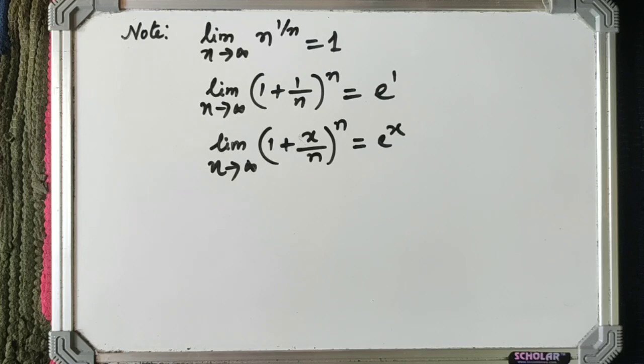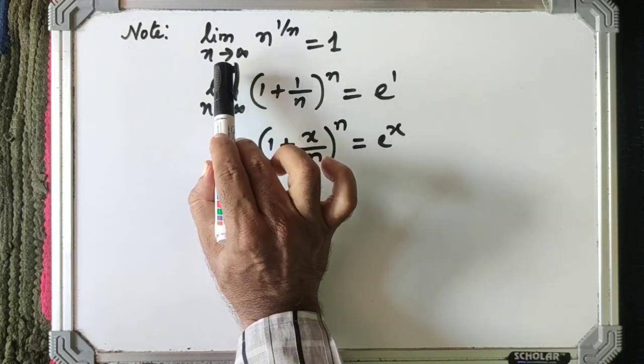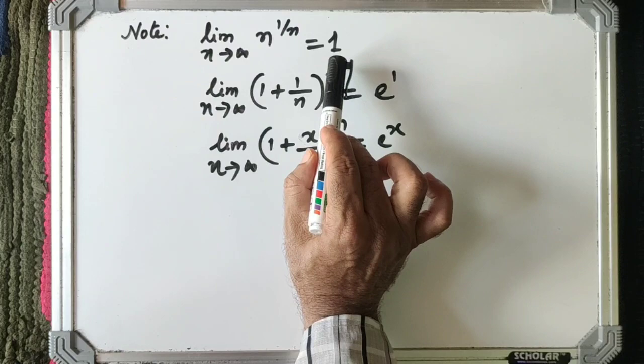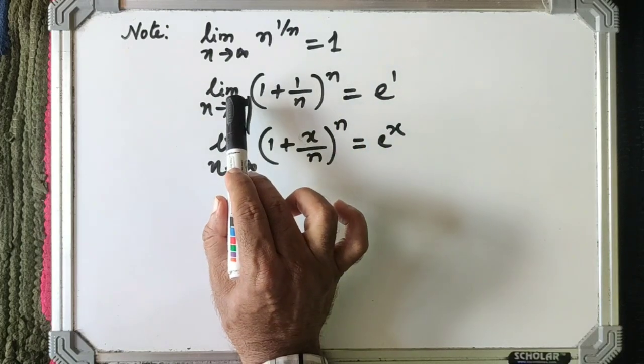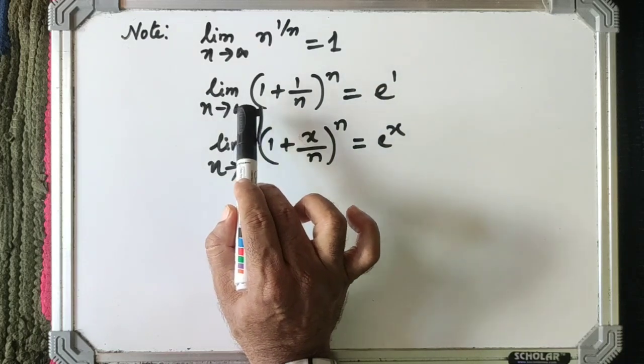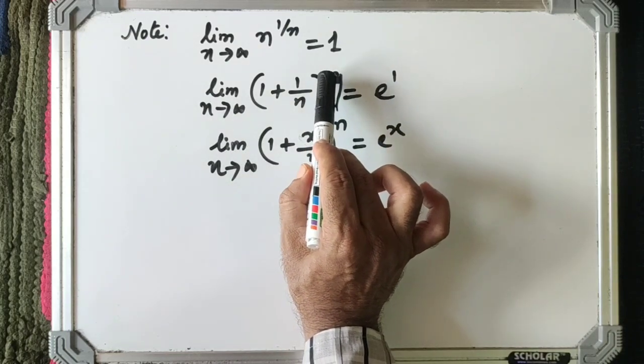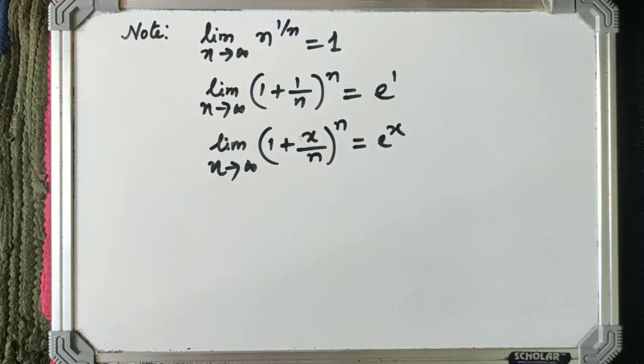Before we start the problem, we need to remember the following. Just note these things. First, the limit of n power 1 by n as n converges to infinity is equal to 1. The limit of 1 plus 1 by n whole power n as n converges to infinity is e power 1. If you have minus n here, then it is e power minus 1.